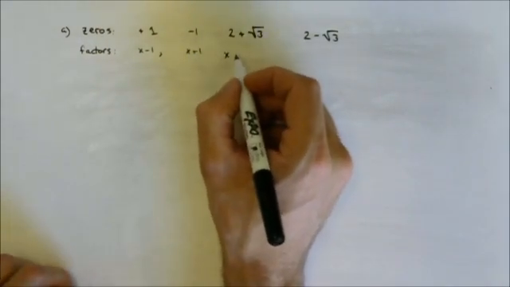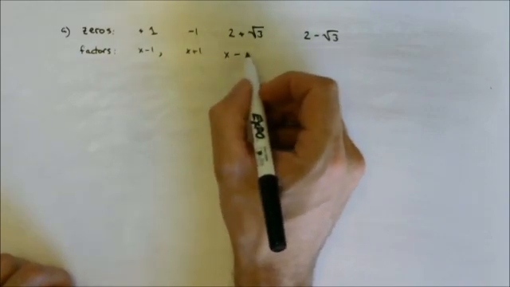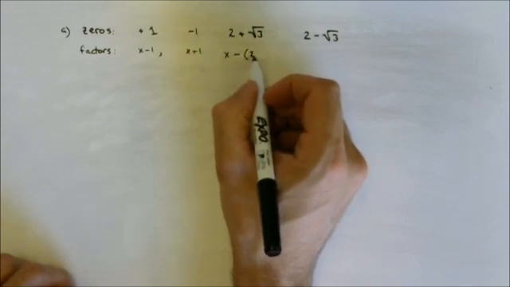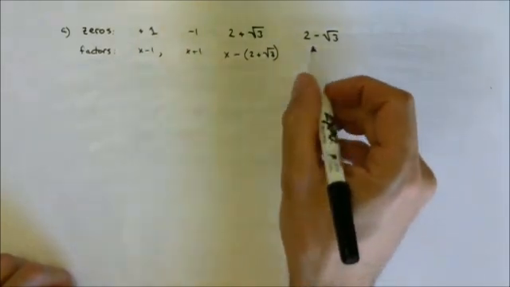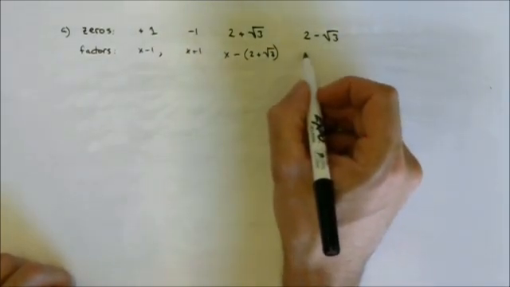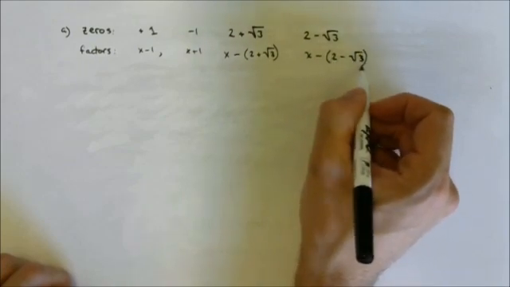It is x minus our factor. So it's x minus, and you could throw in brackets, 2 plus radical 3. And then in the next one, you have x minus 2 minus radical 3.